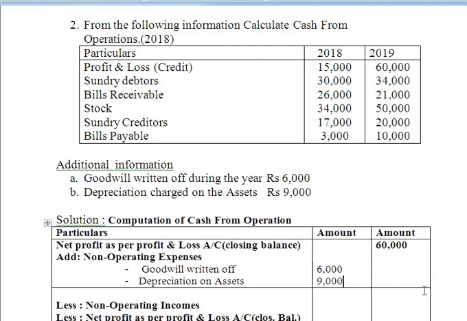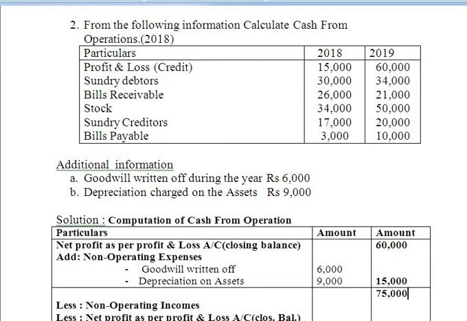Only two non-operating expenses we have, so make the total and take it in the outer column. 6,000 plus 9,000 is 15,000. Total non-operating expenses are 15,000. So add this 15,000 to 60,000. So 60,000 plus 15,000 is 75,000.